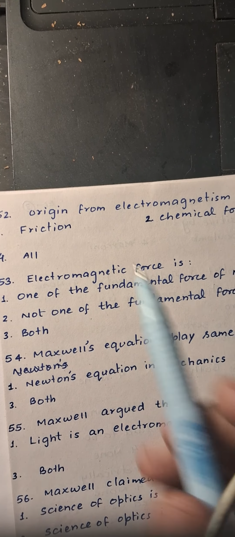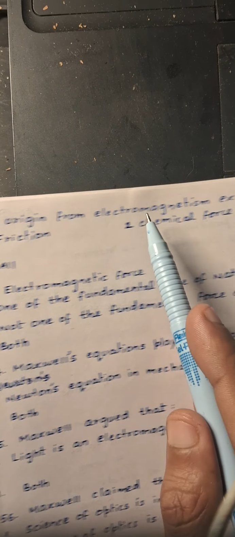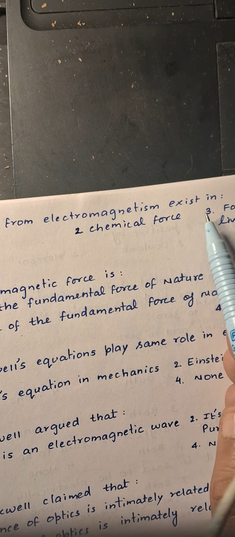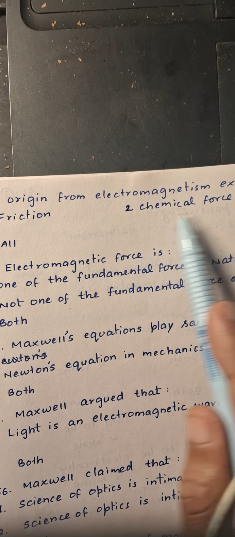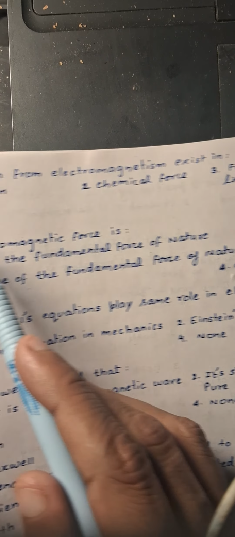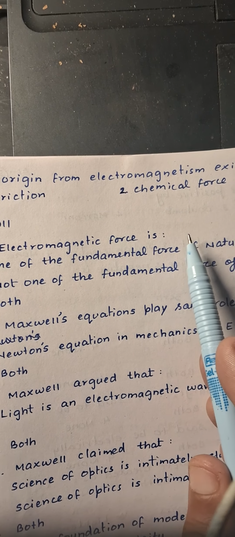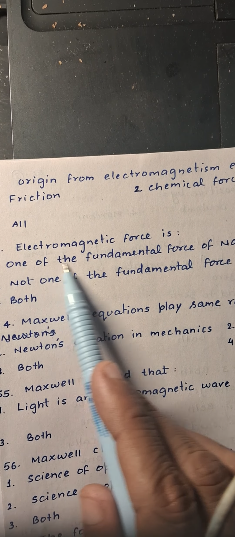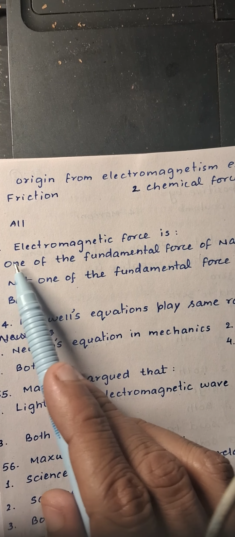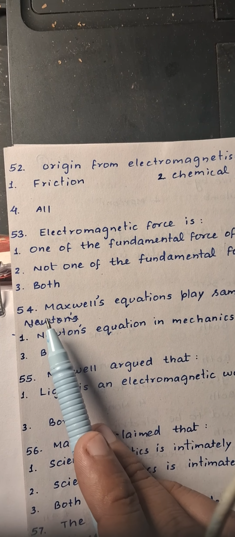It says that origin from electromagnetism exist in. Friction, chemical force, forces describing processes in living cells or all. So it is all. So fourth option is correct over here. Next is electromagnetic forces. So first is one of fundamental forces of nature. So it is correct. First option is correct over here.